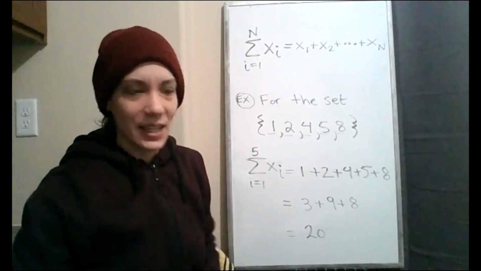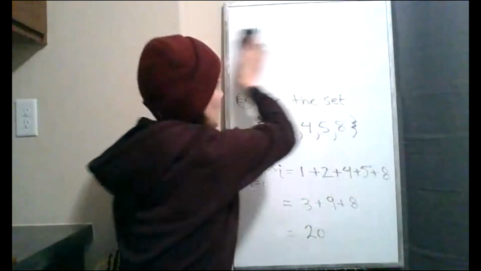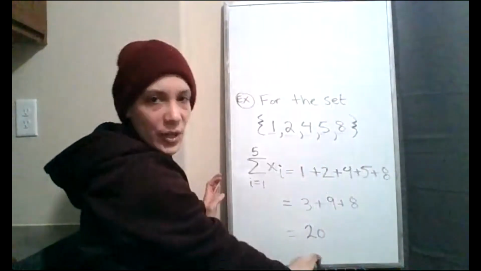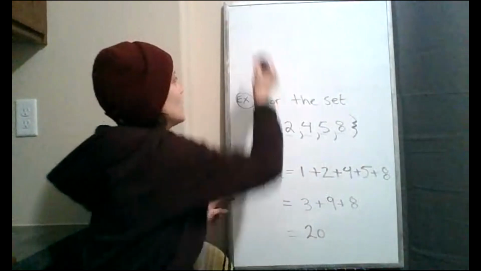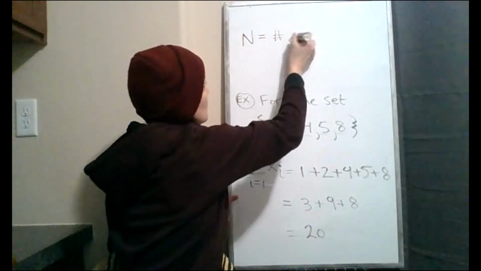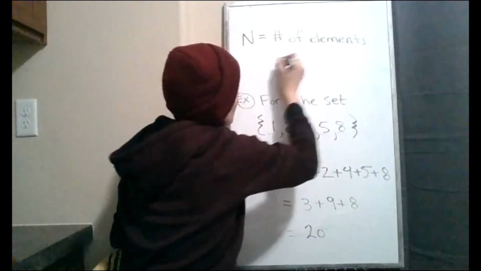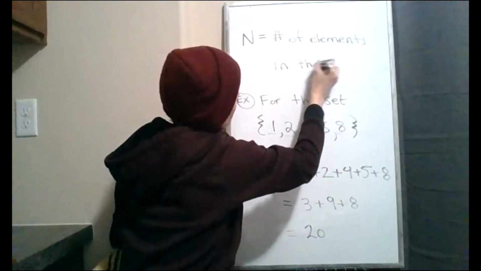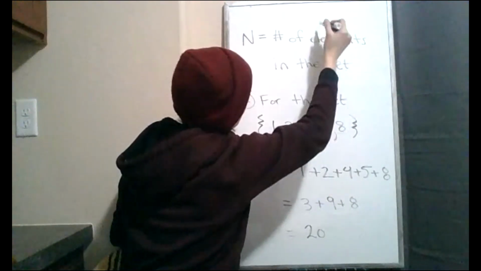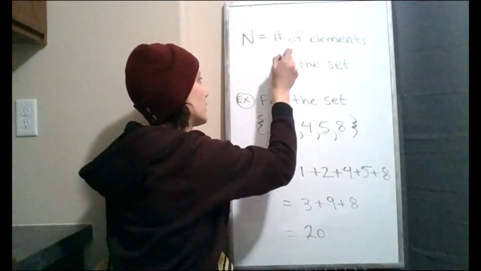I'm confused, sorry. I think I should write that down. Capital N is the number of elements in the set.